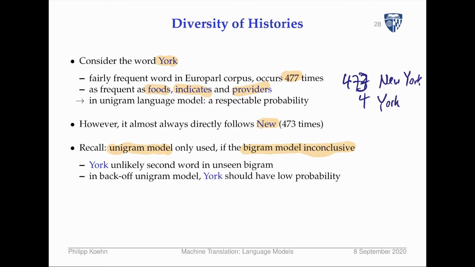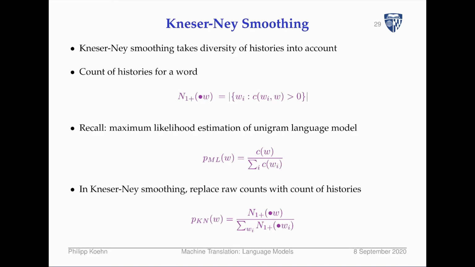In a naive unigram model, it's going to have this 447. It's going to have the same probability as foods, indicates, providers. But when used as a back-off, we don't expect to back off to predict the word York out of the blue, like we would expect the word foods to be predicted out of the blue. So this is the intuition behind Kneser-Ney smoothing.